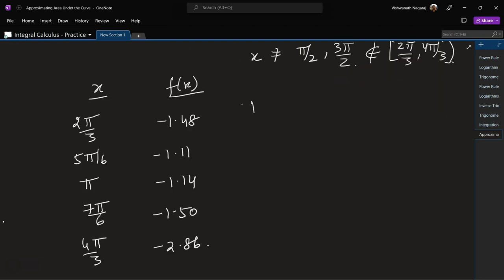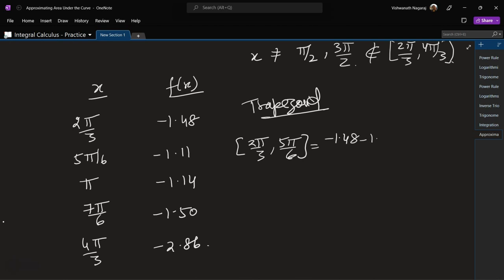So now again using the trapezoid method, let's figure out the areas. In the interval 2 pi by 3 to 5 pi by 6, this would be (minus 1.48 minus 1.11) by 2 times pi by 6, which is the common interval.